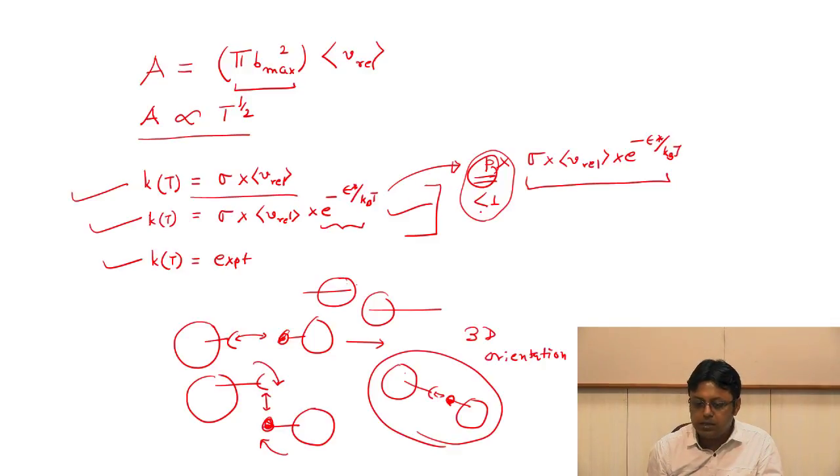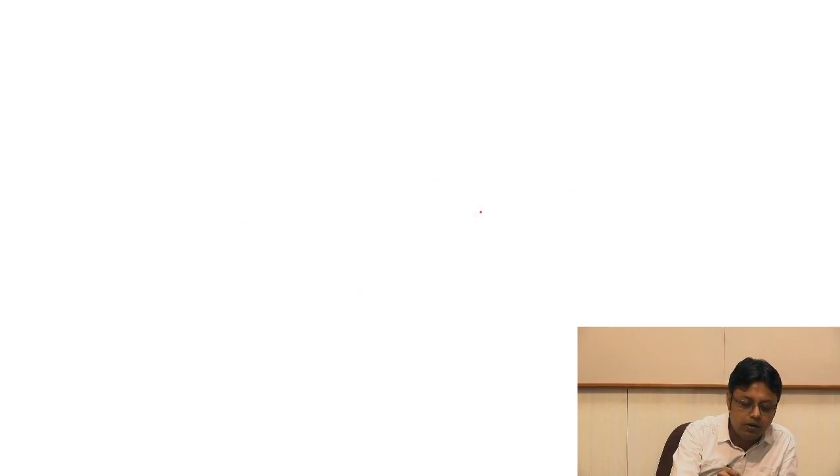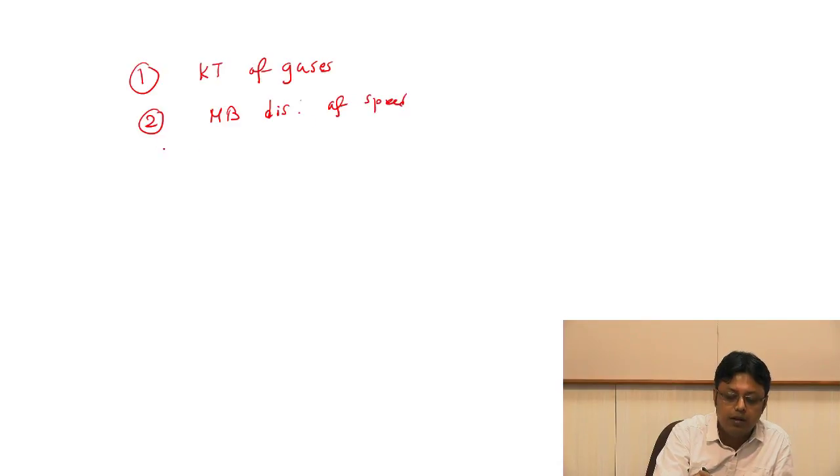So to summarize, what we discussed in this lecture is that we first talked about the kinetic theory of gases. Then we talked in detail about the Maxwell-Boltzmann distribution of molecular speed, and then we used it to give the expression for the rate constant by collision theory.